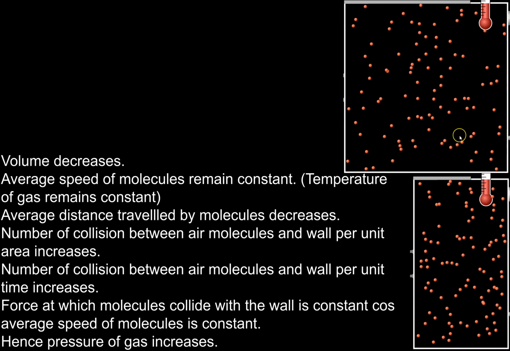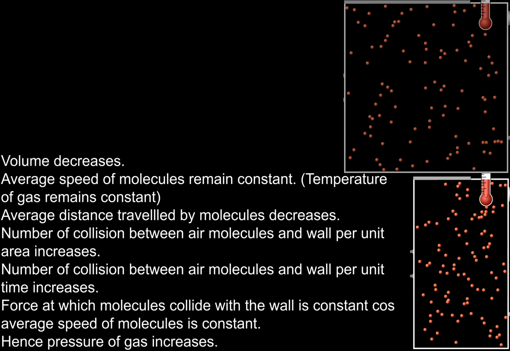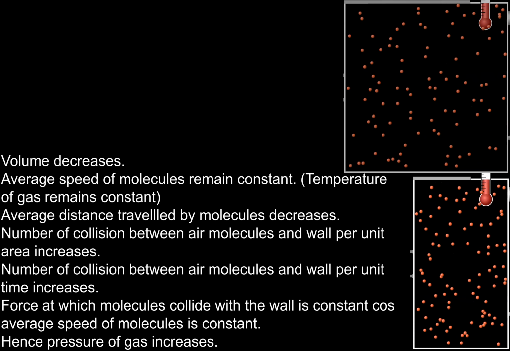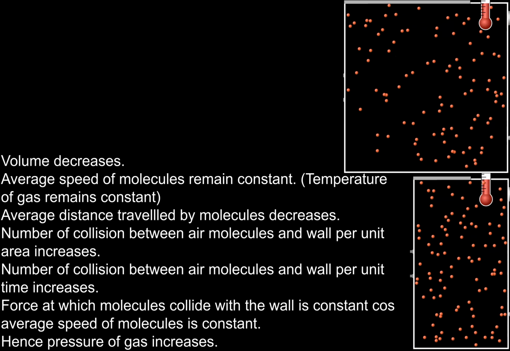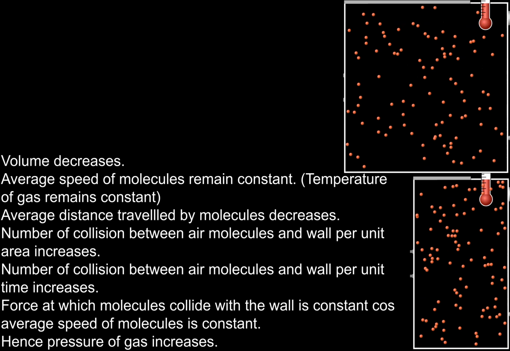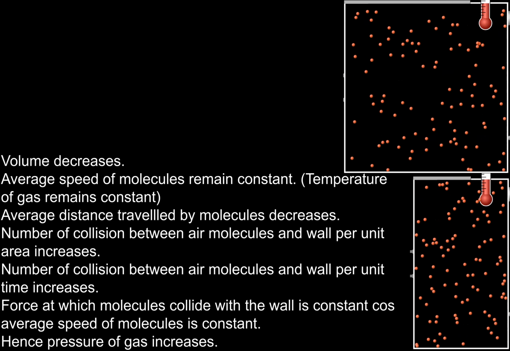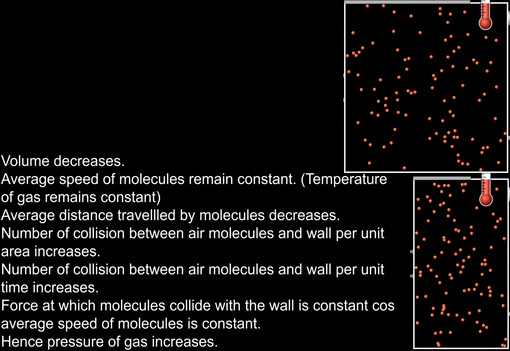As such, only the number of collisions per unit area per unit time increases, although the speed at which the molecules hit the wall is constant, so the pressure of the gas increases. Here, the pressure of the gas increases because of the number of collisions per unit area per unit time.